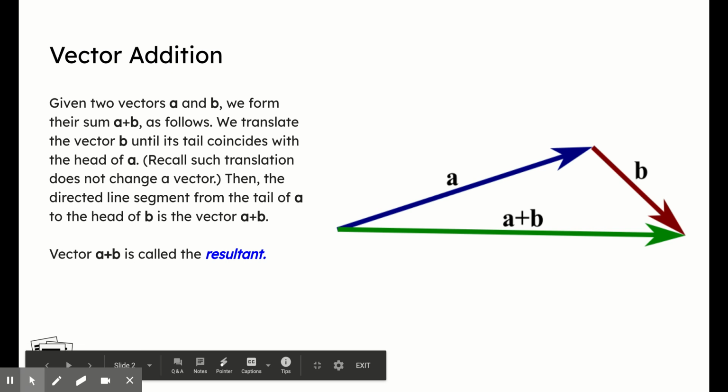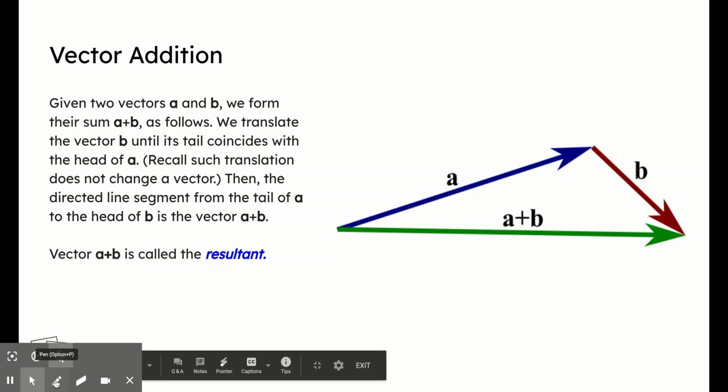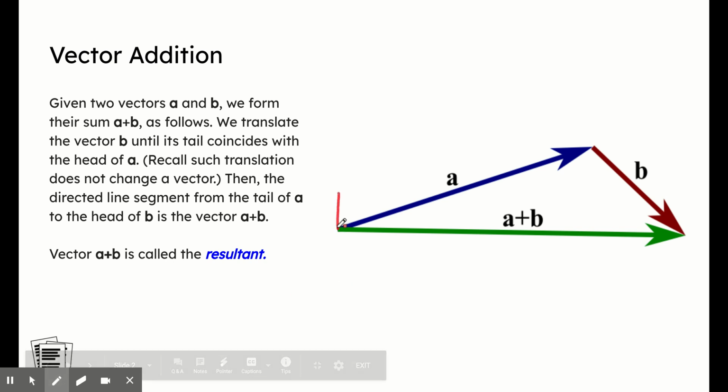Now, where that becomes important is when we start needing to add vectors. So let's say we have an object, and I'm going to annotate this. Let's just say that this is our north. Right? And let's say that this is our east.